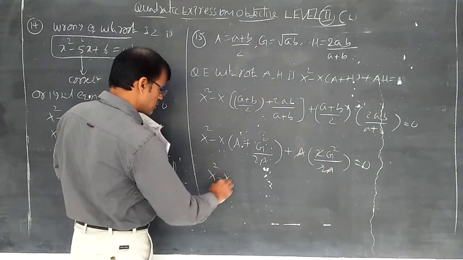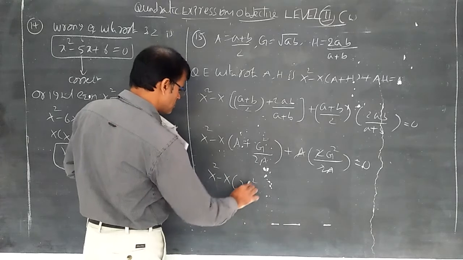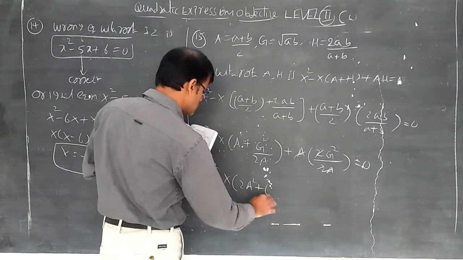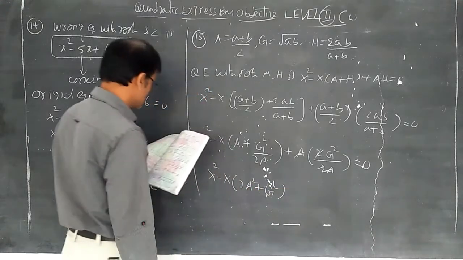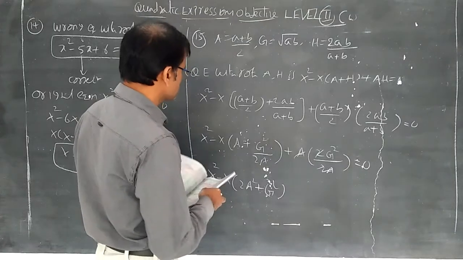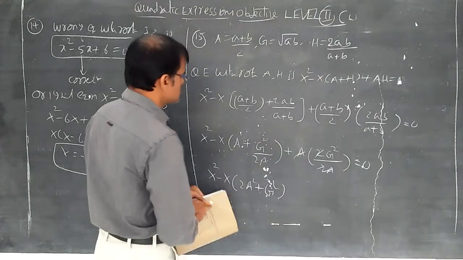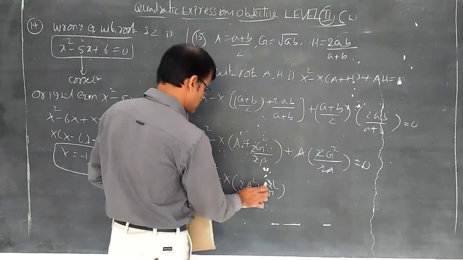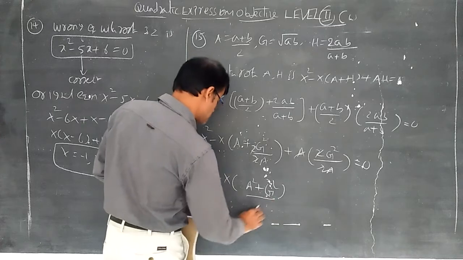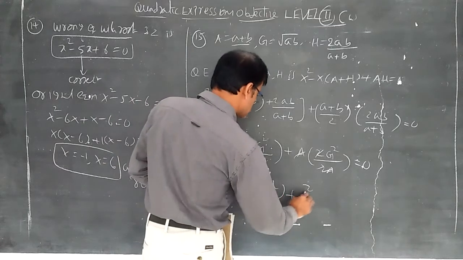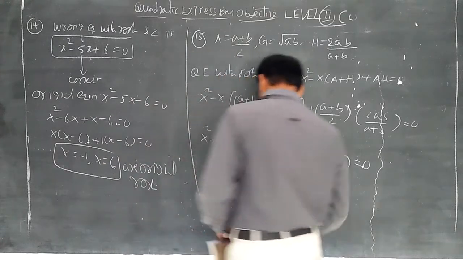Here x square minus x into 2A square plus G square. 2ab means 2G square. Okay, 2 gets cancelled. So simply A square plus G square whole by A, plus G square equal to 0.